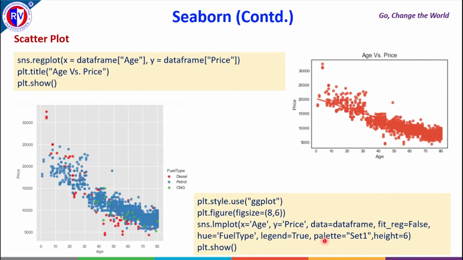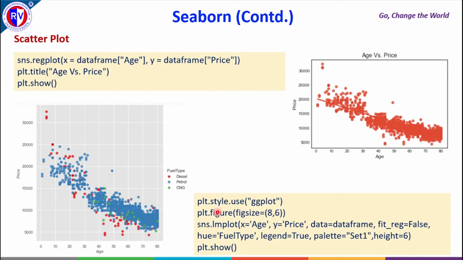And next we have palette equal to set 1, which means palette is a color palette. It is going to affect the set of colors available in the particular palette and apply it to the graph. Here the value of the palette is set 1. Similarly, you can use set 2, set 3, etc. And here we have two more very important functions.